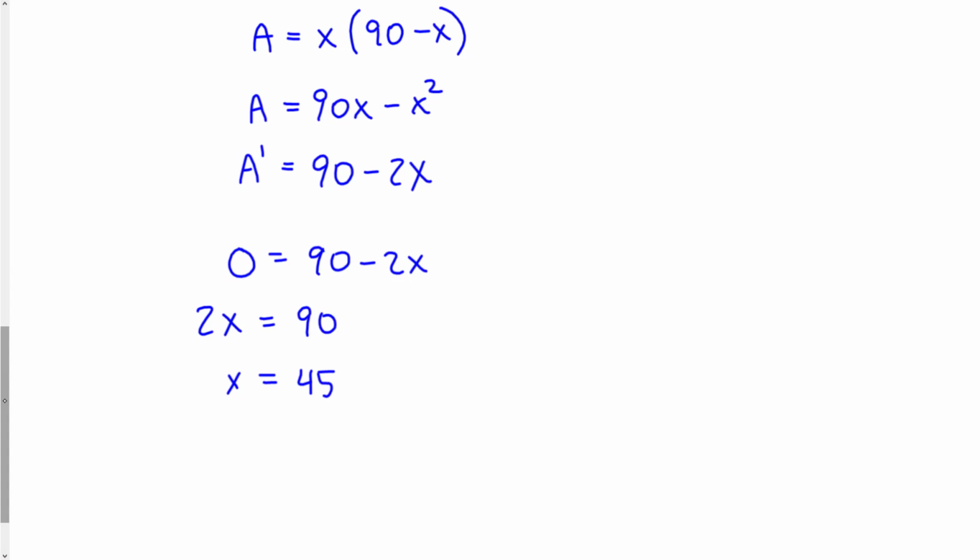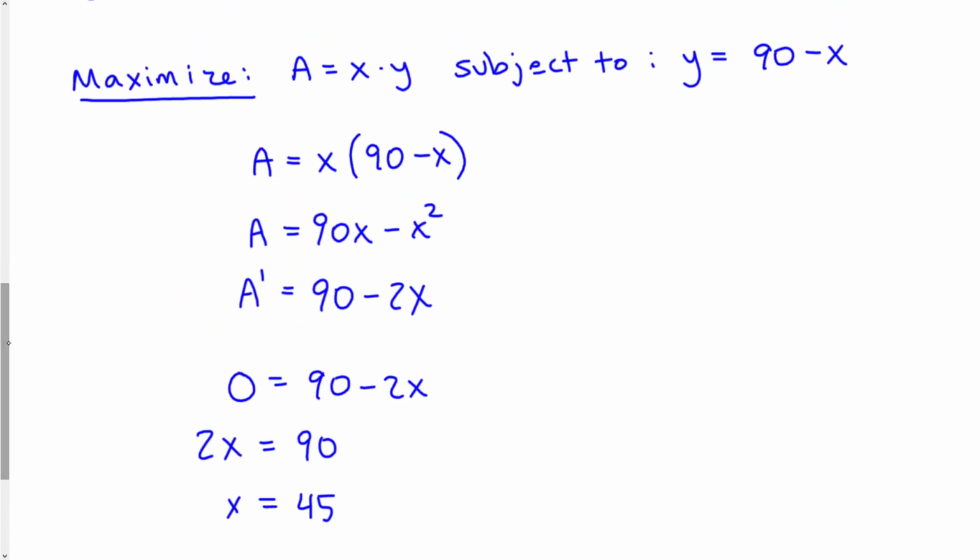So for instance, if I get the second derivative of this function, my second derivative is -2. So it's a constant value that's negative, and anytime you're on an interval that's negative, you are concave down.